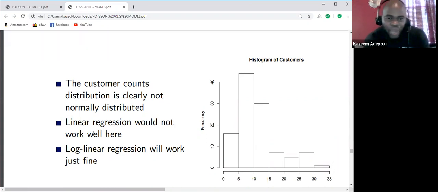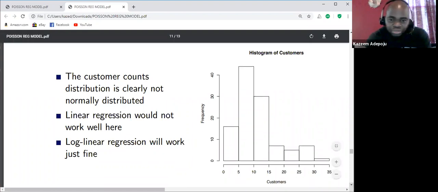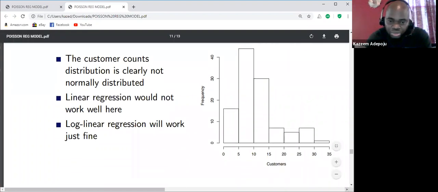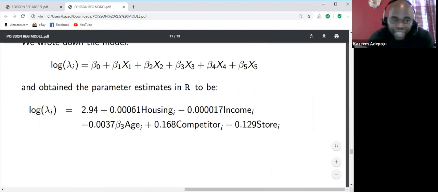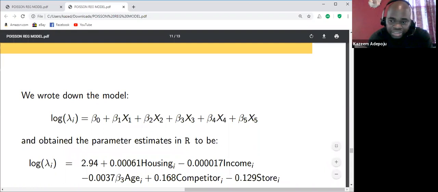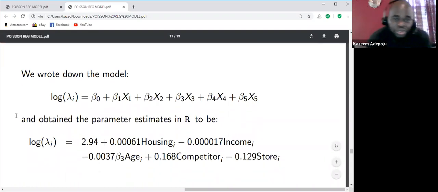That is the reason why linear regression will not work well, and what is going to work is Poisson regression, which we also call log linear regression. Now, the next thing I'm going to show you, since it's a log linear model, take a look at that.